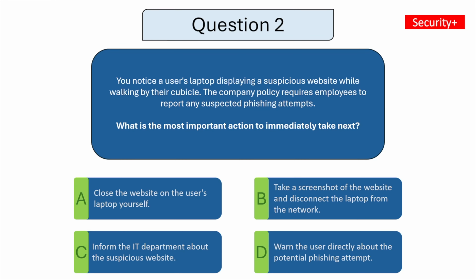We don't want to do B, and the reason for this is because at this moment, we don't know if the website is confirmed a phishing attempt. And we will do D, just not immediately. So far, I'm going with C, and it also says the company policy requires employees to report any suspected phishing attempts. So C is going to align perfectly with that scenario. So I'm going with C.